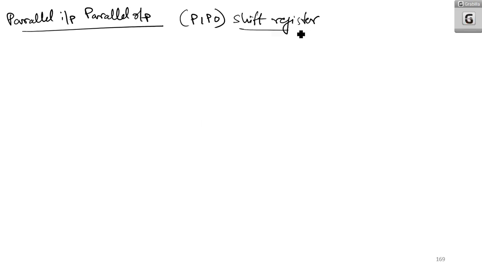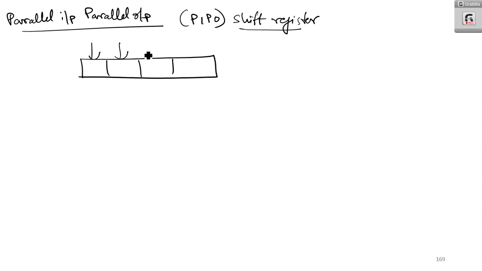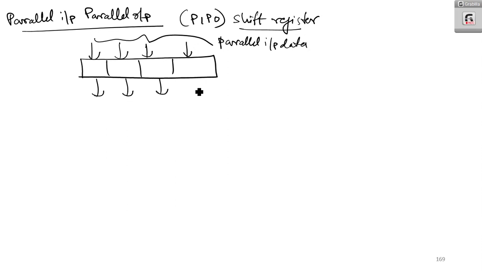If I am drawing a 4-bit shift register, you are having input data in parallel, and outputs are also parallel outputs.